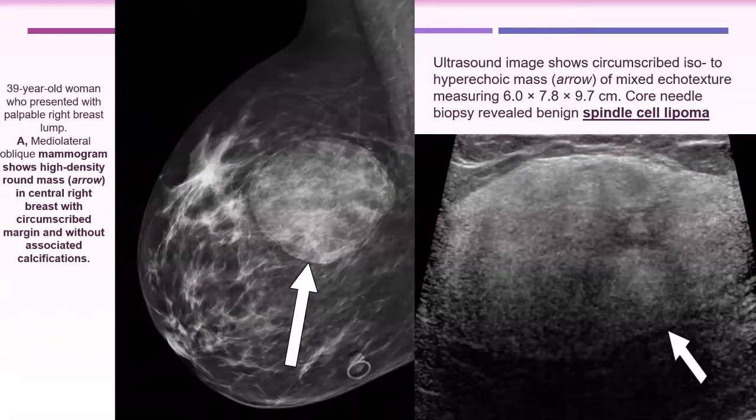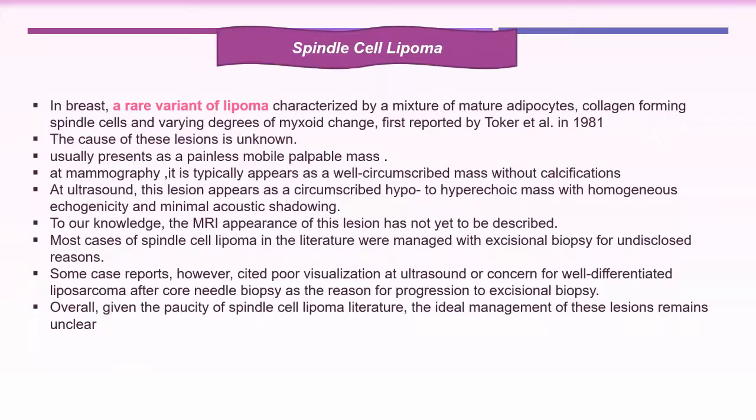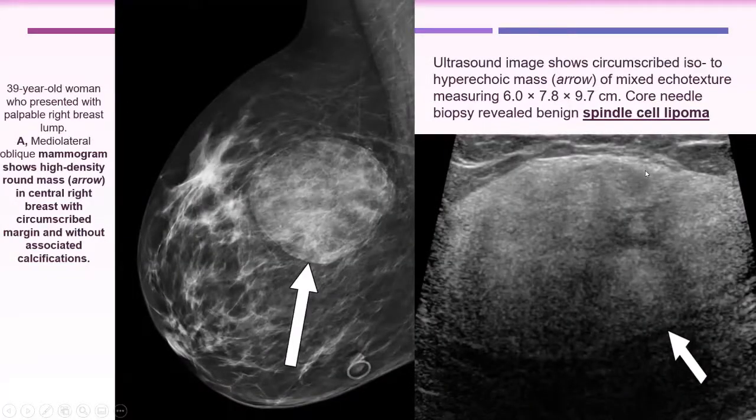This also is a lesion simulating the above examples of angiosarcoma, but in this case, it is just a benign lesion. The pathology demonstrates spindle cell lymphoma, a rare variant of lymphoma. More or less the same, but if you look, it's sharply demarcated, it's circumscribed. On mammography here, although the size is big, the density is relatively not very high.